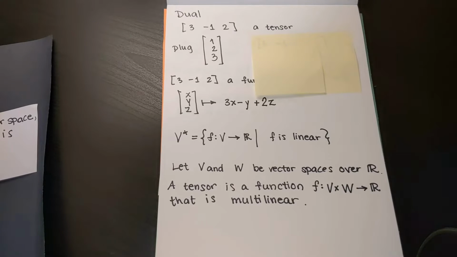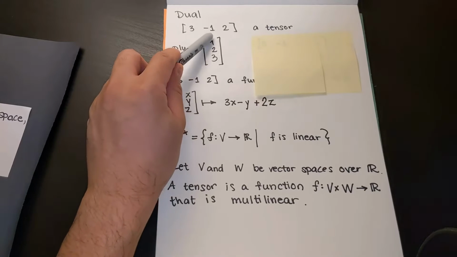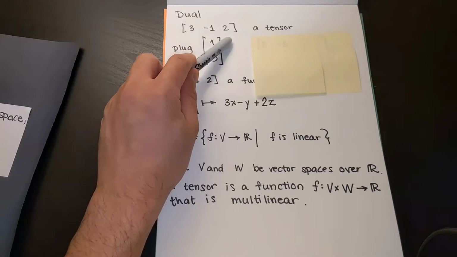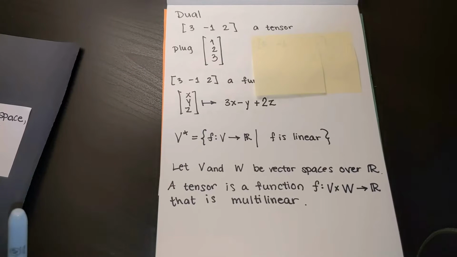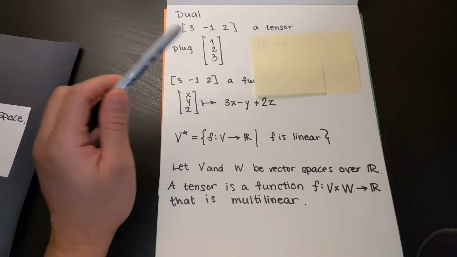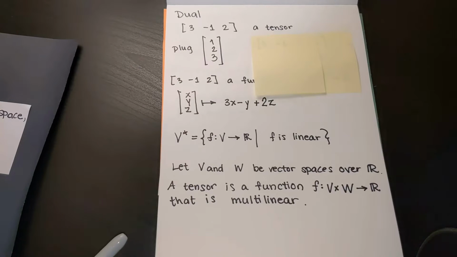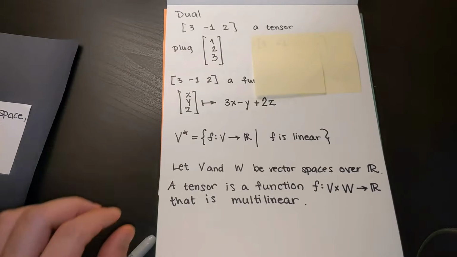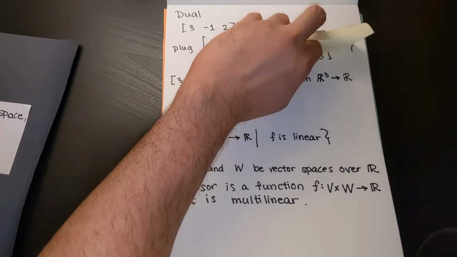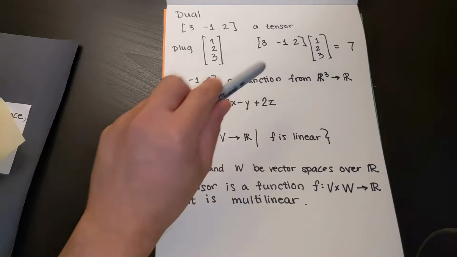Here's an example. We take this row vector here, 3, -1, 2, as a tensor. We plug a three-dimensional column vector into it. Say we plug 1, 2, 3 to 3, -1, 2. Here's how we do it. We multiply them like ordinary matrices.